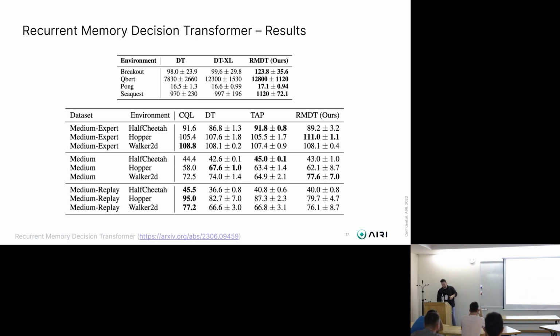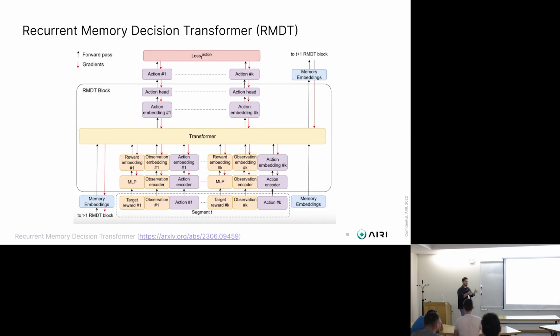And here came some ideas from natural language processing, such as Transformer-XL or recurrent memory transformer. And this is actually our current work, what we're working on. It's like a recurrent memory decision transformer. The idea here is that we have almost the same transformer, but we have these memory embeddings.